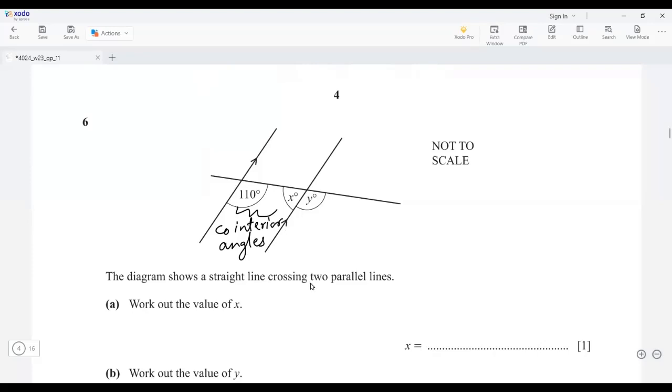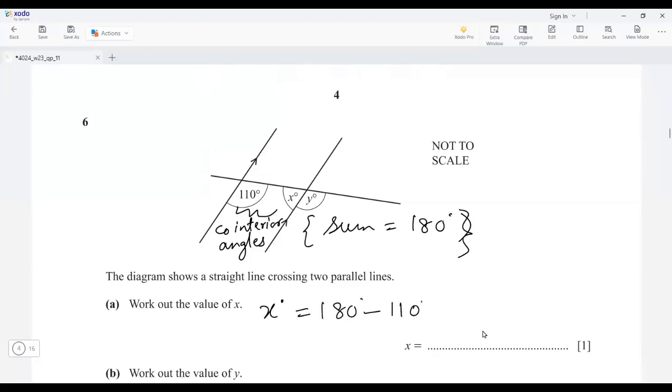So the sum of these two will be 180. Co-interior angles sum to 180 degrees. So if you simply subtract 110 from 180, you will get the required result, that is 70 degrees for angle x.